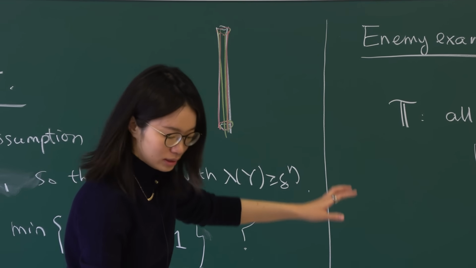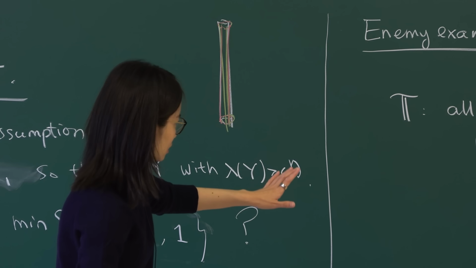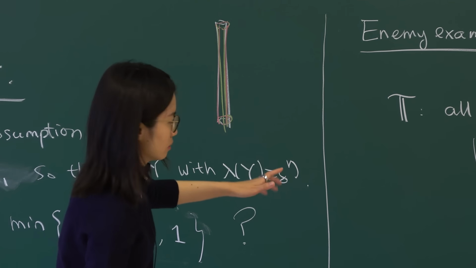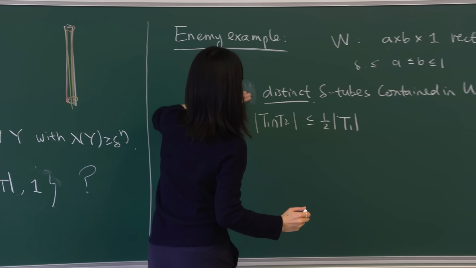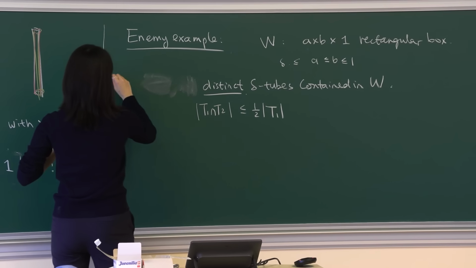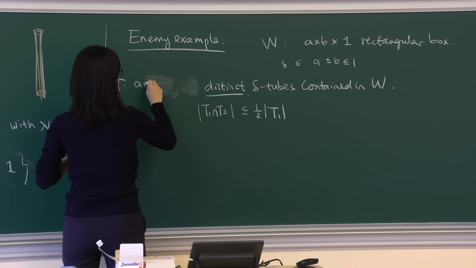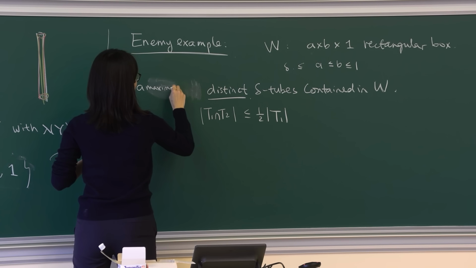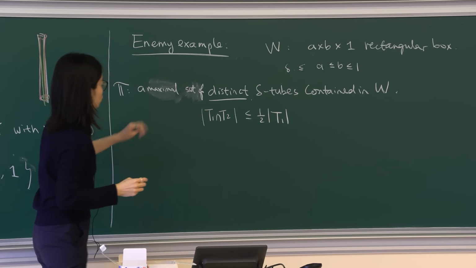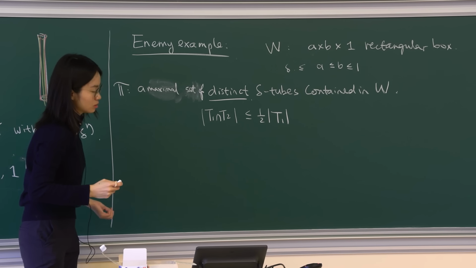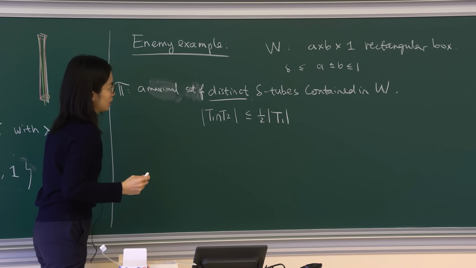That's why distinct is sort of the minimum assumption. So we take T to be a maximum set of distinct delta tubes contained in W. Then how many are they?